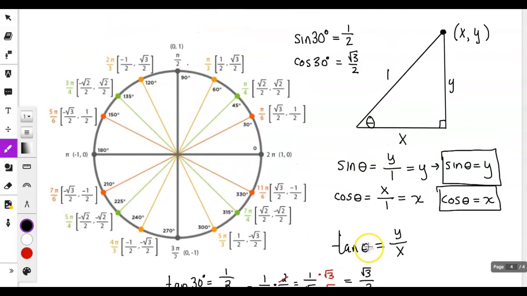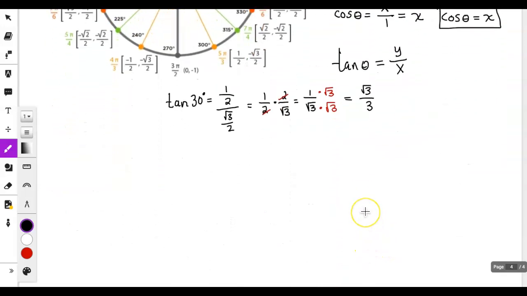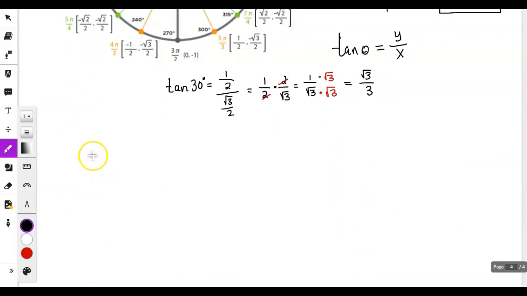I'm going to go ahead and write that down here so you can see it all, so we can do the reciprocals. So we know that the sine of 30 is equal to 1/2, because that's the y coordinate on the unit circle.